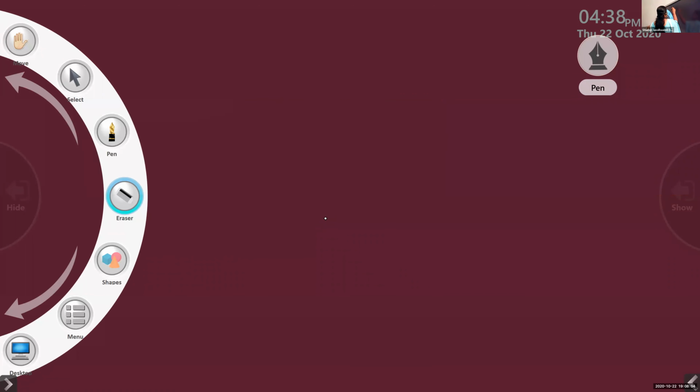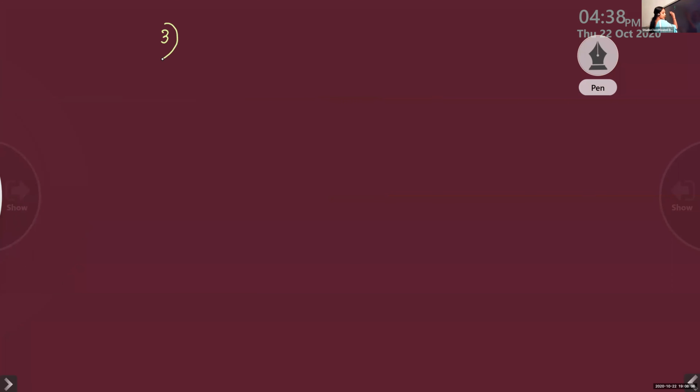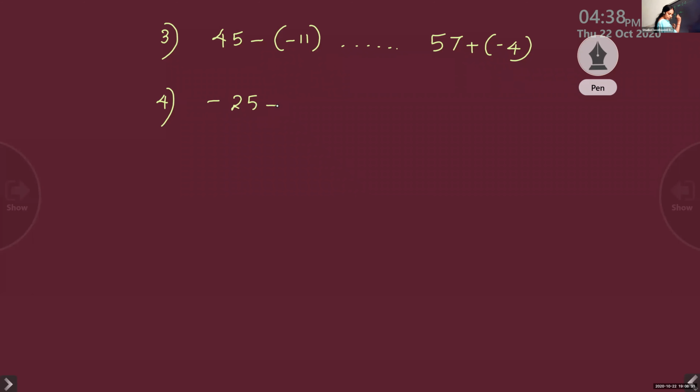Okay, 2 homeworks. This is the third question. It is 45 minus 11. Fill in the blanks. 57 plus negative 4. And the fourth question. Negative 25 minus 42.